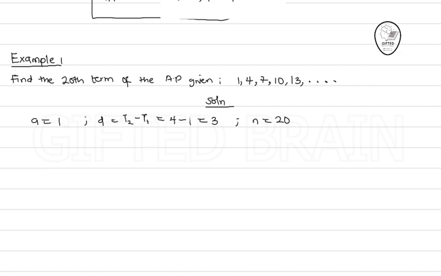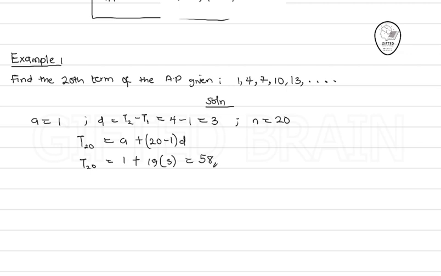So we can say T20, the 20th term, is equal to A plus (20 minus 1)D. So T20 simply is equal to our A, which is 1, plus 19 multiplied by the D, and the D is 3. So if we do this, we would have 58.